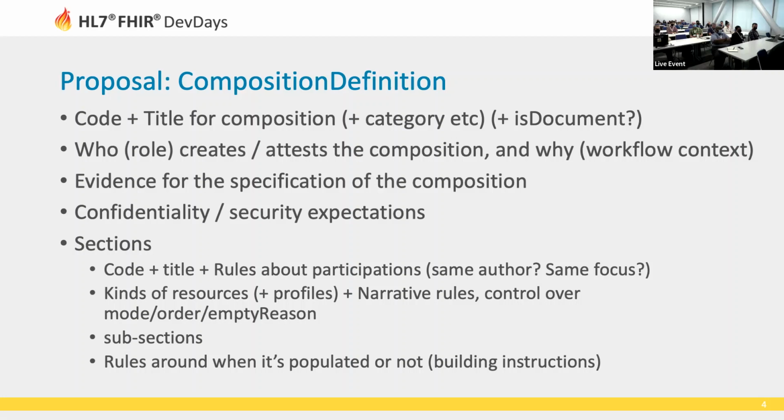Graham, okay, the name now is composition definition, but it feels also like an extraction definition. Would that be also a way to see this? Well, it could be, and maybe you pull out the building instructions into a separate extraction definition that's more reusable, because extraction definition implies a more generically reusable scope.